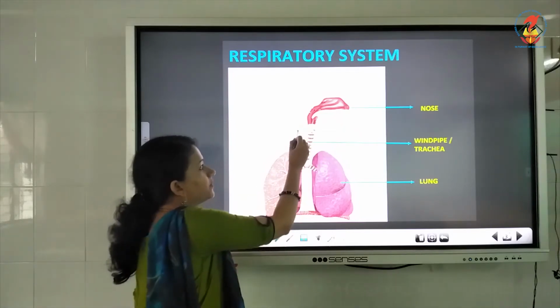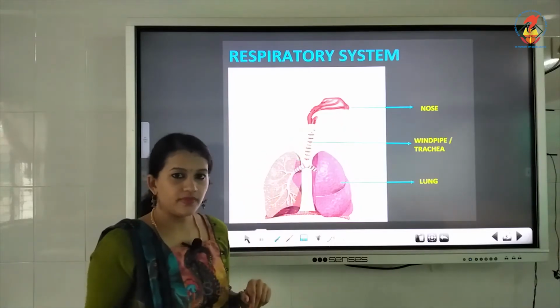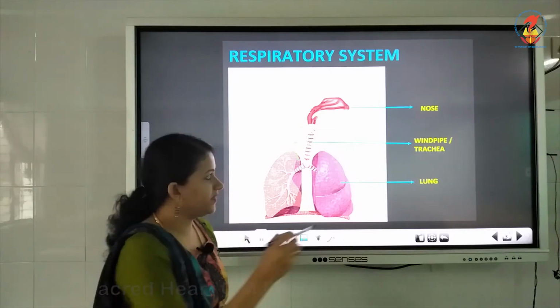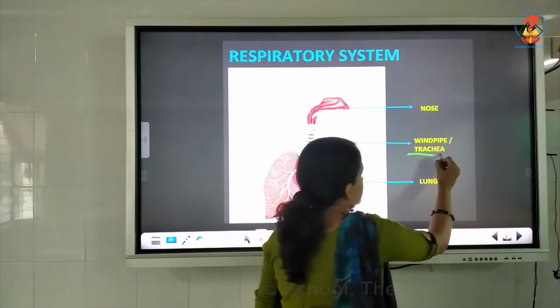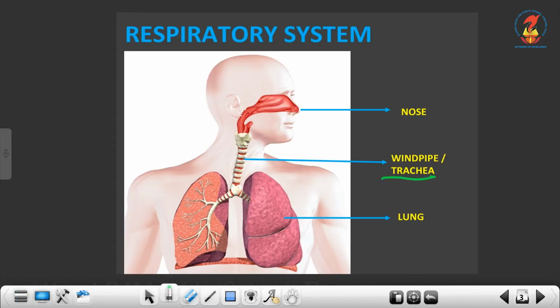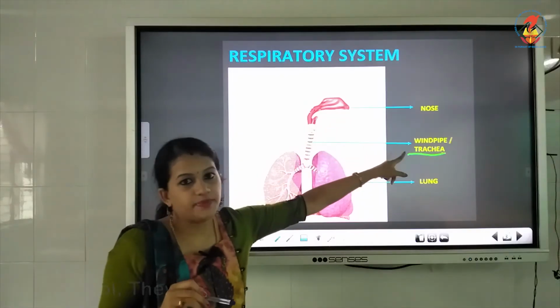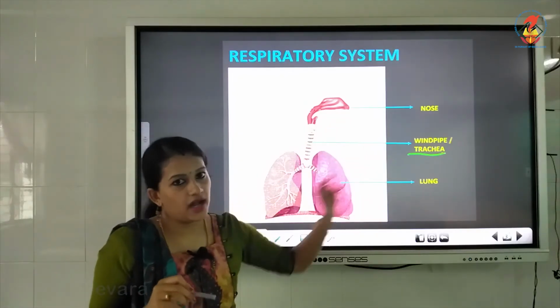This is the windpipe. The windpipe has another name. We also call it trachea. So, the nose, the windpipe and the lung.